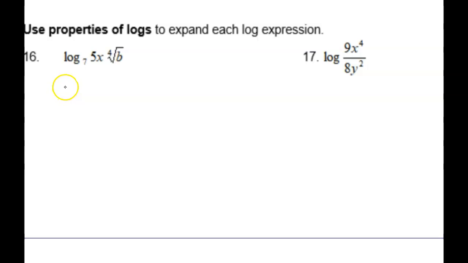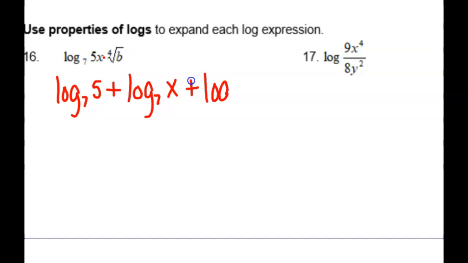Okay, I would suggest first we just get rid of all the multiplying. So we'd have log base 7 of 5, and what does multiply become? Addition. So then we have log base 7 of x. And then there's another multiply.